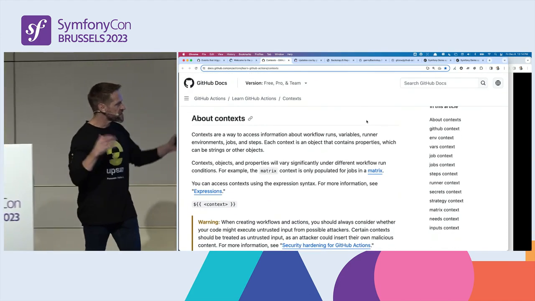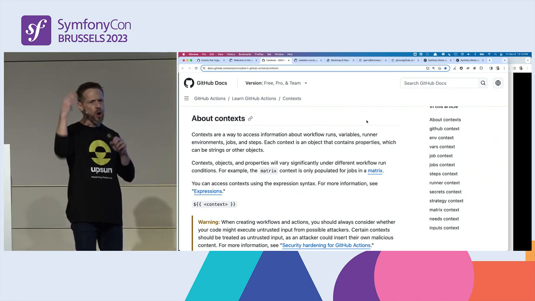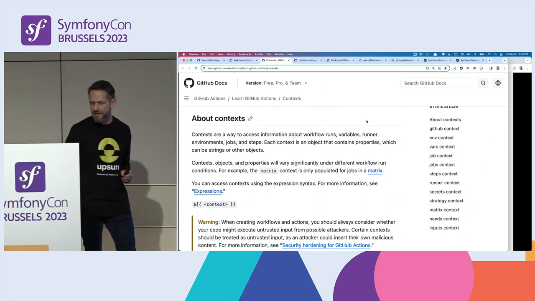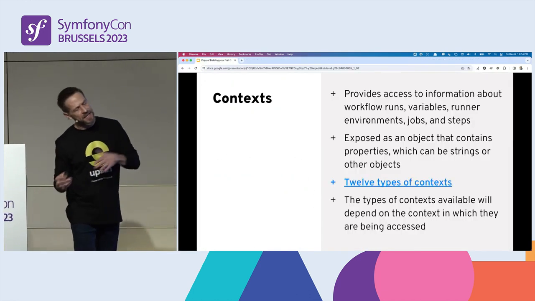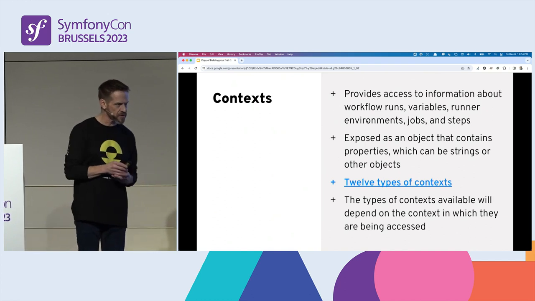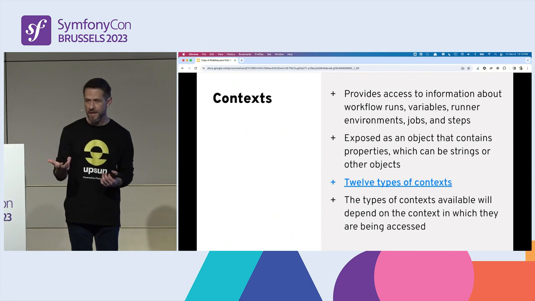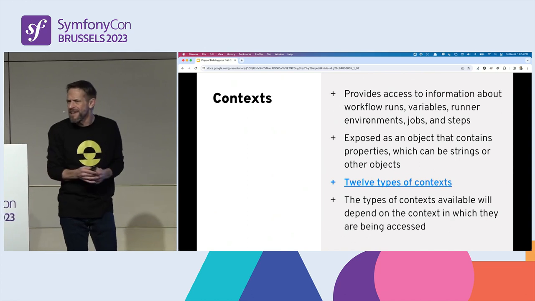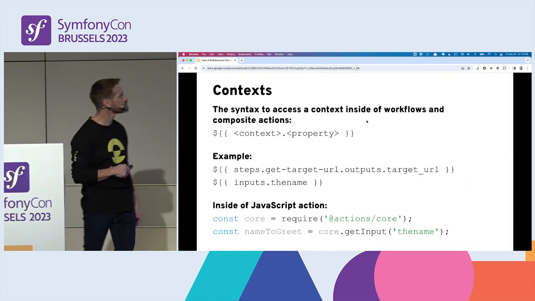So again, the runners, the steps, the inputs, the needs, matrix, secrets, variables, etc., all different types of information available to you. One thing to note, though, is that not all contexts are available in all situations. So there is something called a matrix that you can utilize. If you're not using a matrix, well, then the matrix context isn't available. So just realize that those aren't all available to you at all times.